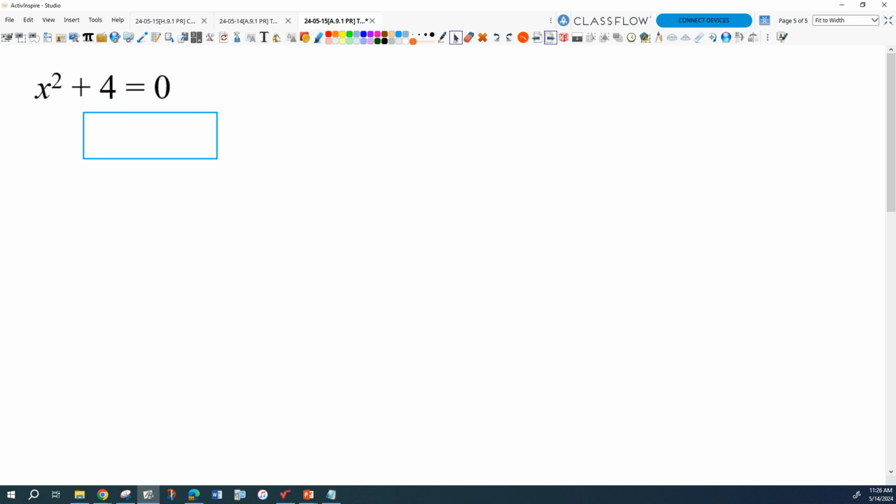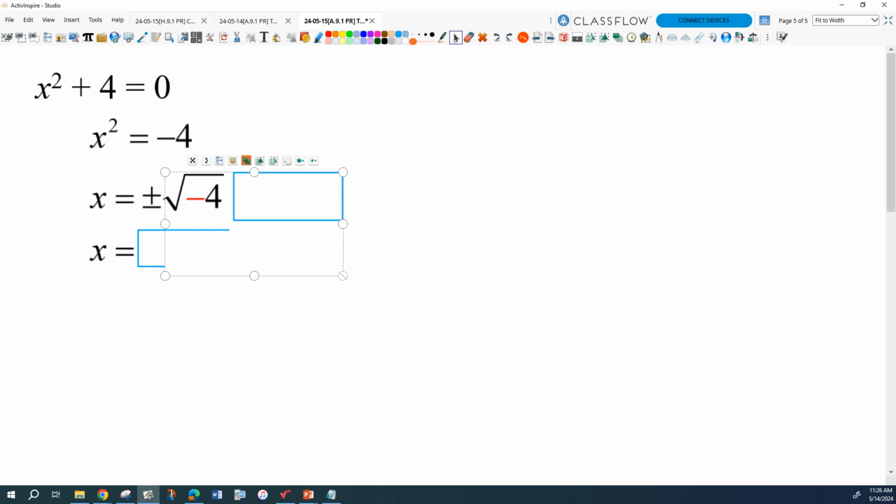Okay, one more and I'll turn you guys loose on this stuff. What are you going to do there? Subtract 4. Okay, good. So first step is subtract the 4. Now what? So I get x equals plus or minus the square root of negative 4.